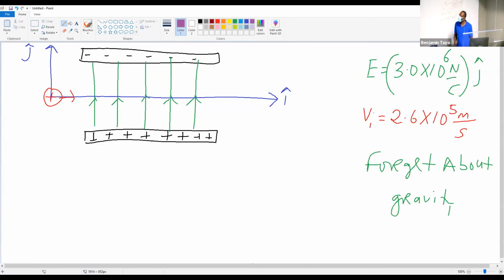So how is this particle going to move? Is it going to keep moving on a straight line? No. Does it move up or down? It'll move to the right and up. So it goes something like that. You guys see that? So do you see that this is exactly the same problem as the projectile problem?